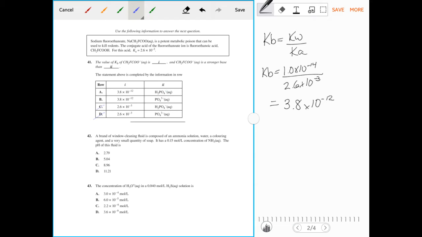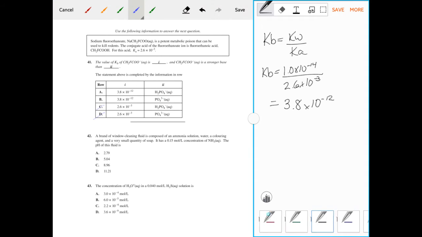So when I compare my values for my Ka, okay, my initial Ka is this 2.6 times 10 to the negative 3.